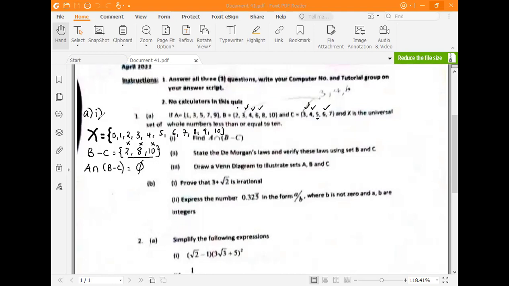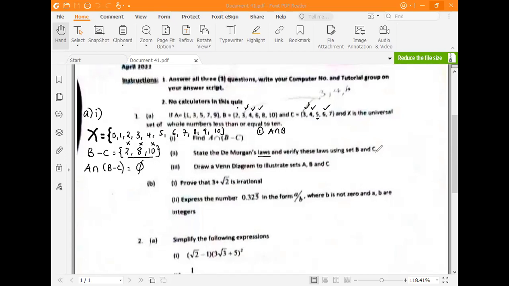Part 2. State Morgan's laws and verify these laws using set B and set C. So, Morgan's laws, how many are they? There are 2. The first one is A intersection B. So now we're told we should state it in terms of B and C, right?